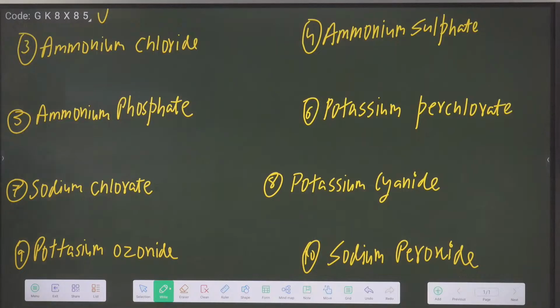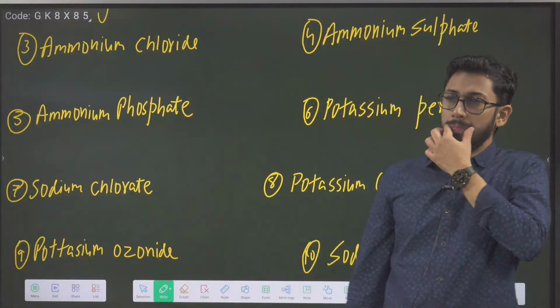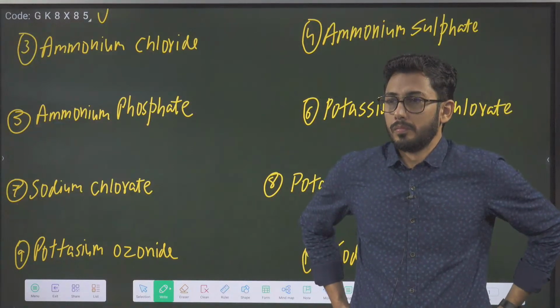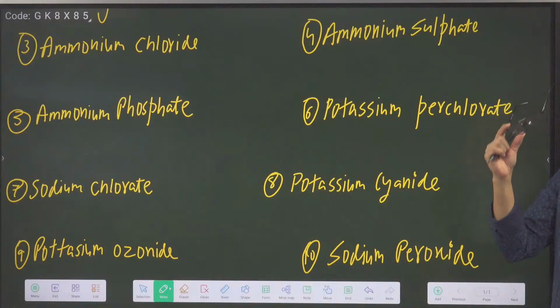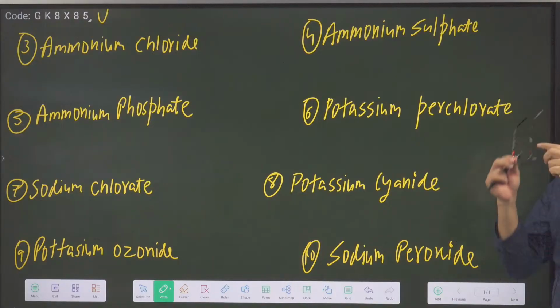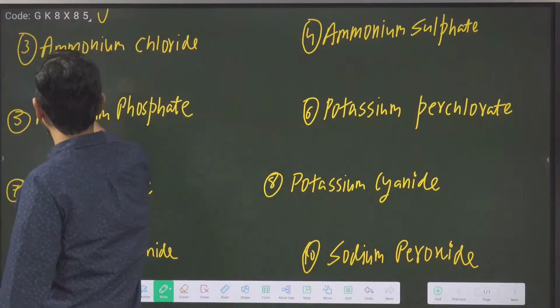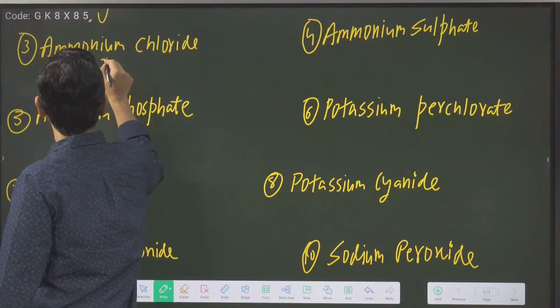Okay. One student says other students have passed. Let's go. Ammonium chloride. In cations we have discussed ammonium is NH4 plus and Cl is minus.